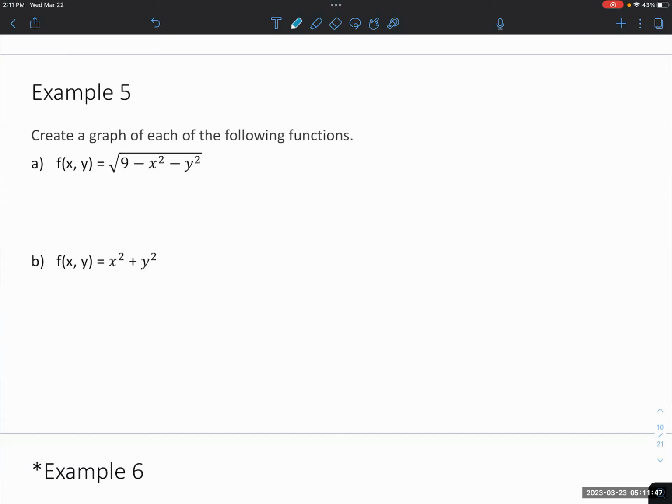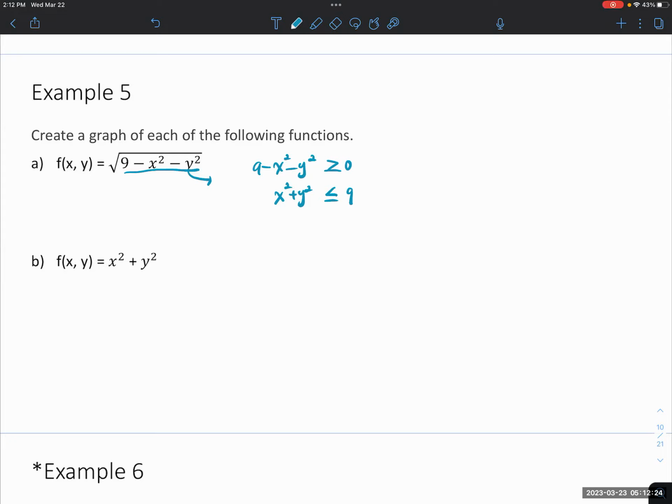Do you remember this example? So I want to determine the domain and range. We already know that. So from here, 9 minus x squared minus y squared is greater than or equal to 0. So x squared plus y squared is going to be less than or equal to 9. So this is the domain, and then your range. Do you remember the range? The radical of 9 is 3, right? This one is going to be between 0 and 3.